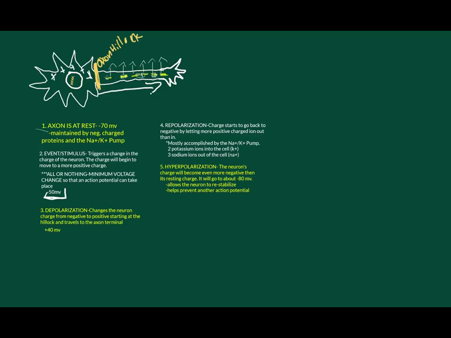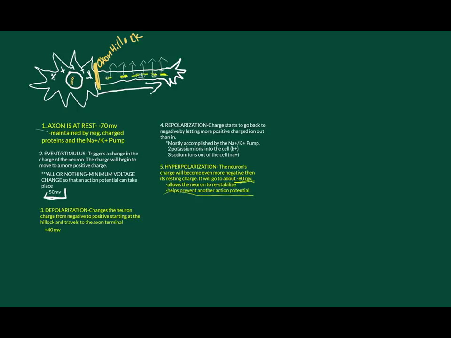This period of hyperpolarization is going to allow the neuron to stabilize and return to normal. And by the charge going all the way down to negative 80, it's going to give it enough time to stabilize by preventing another action potential from happening, or another message trying to be sent through that neuron. So that's the gist of how a nerve impulse gets started and travels down the neuron.